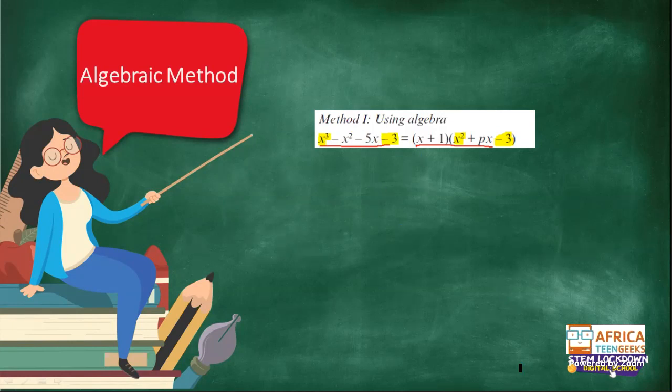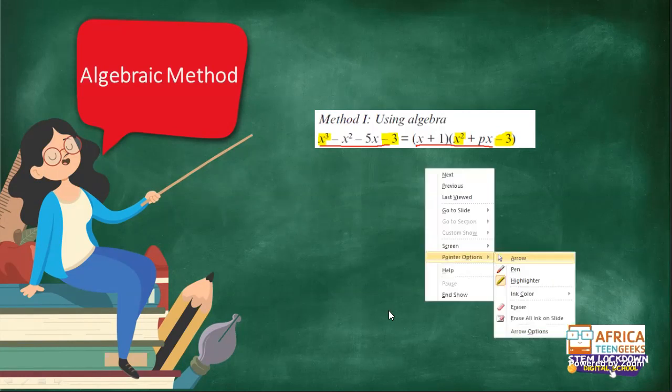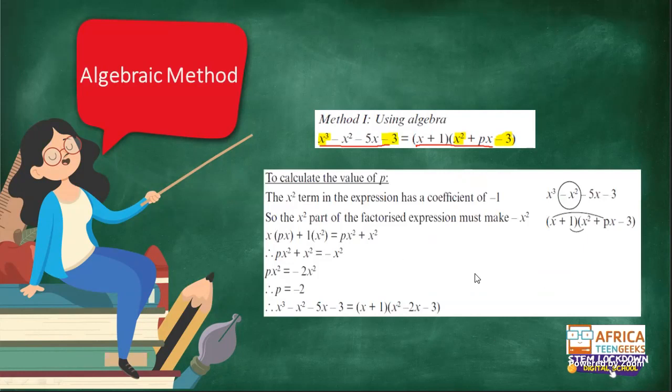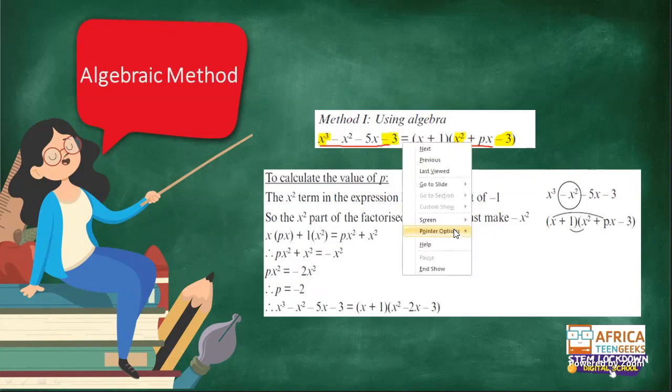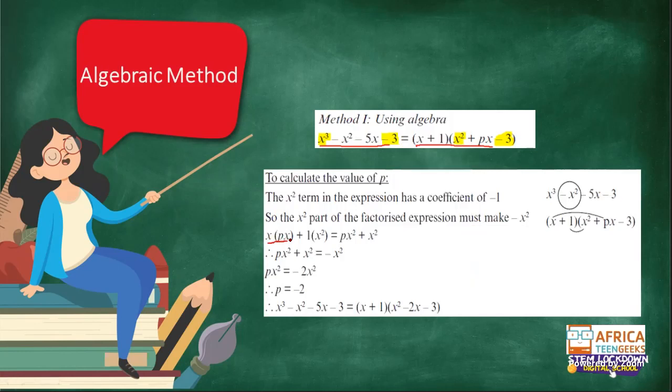What you will simply do is, in the other equation, look for terms that will give you x squared. If you multiply x and px, you get px squared.